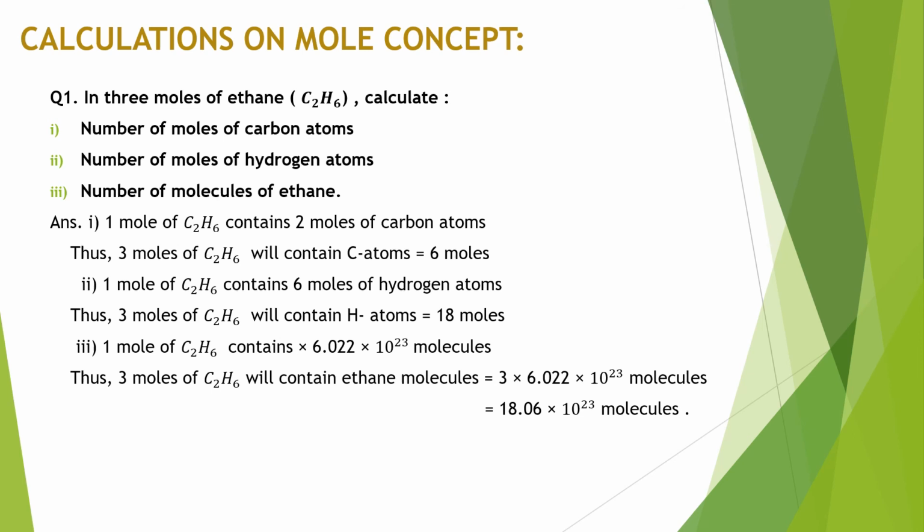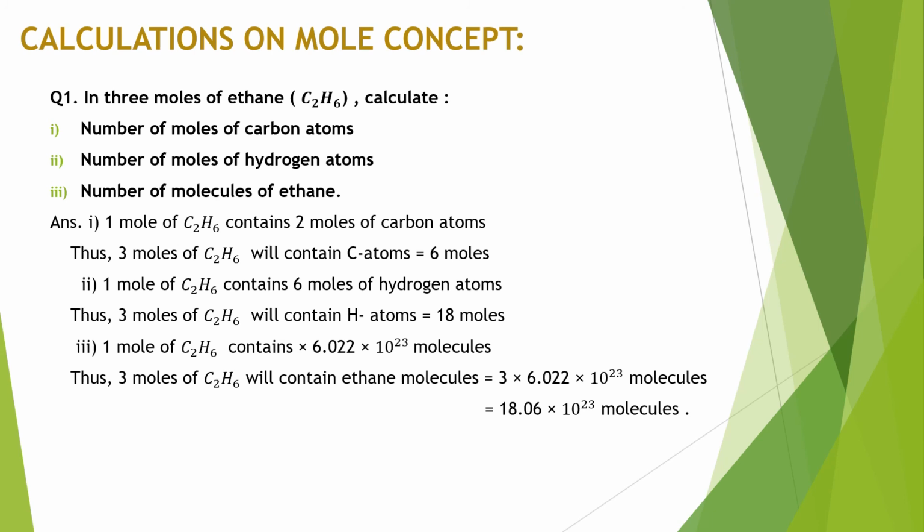Here the discussion is about molecules, that's why we have written 6.022 into 10 to the power 23 molecules. We have to calculate the number of molecules in 3 moles of ethane. Therefore 3 moles of ethane will contain 3 into 6.022 into 10 to the power 23 molecules, that is equal to 18.06 into 10 to the power 23 molecules.